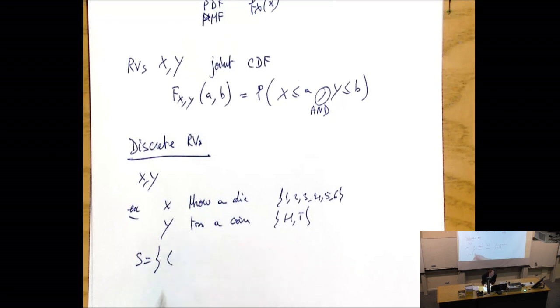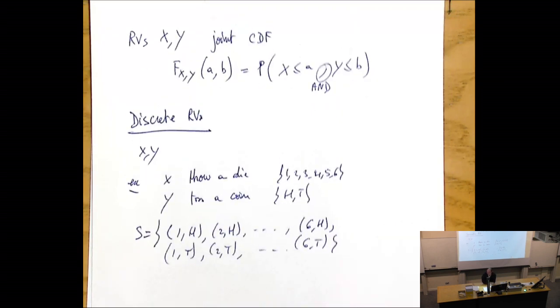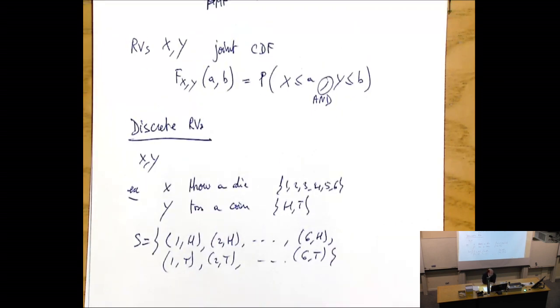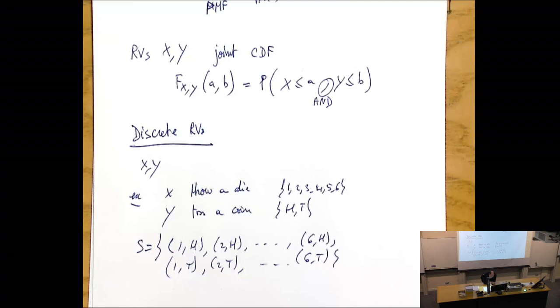So I can have, for instance, the event 1 and head, 2 and head, all the way to 6 and head. Or I can have 1 and tail, 2 and tail, all the way to 6 and tail. That would be my sample space here, because I have two random variables. They each have their own domain, and so the total sample space is given by this.